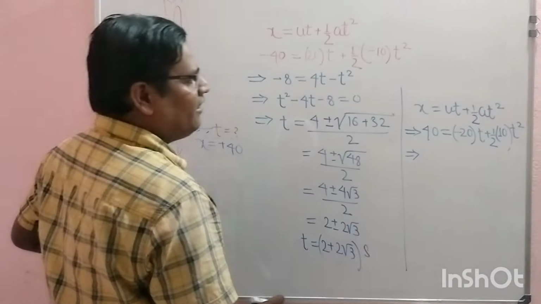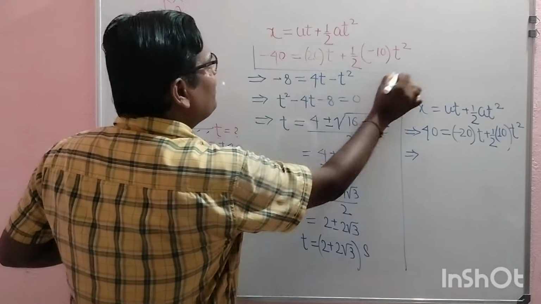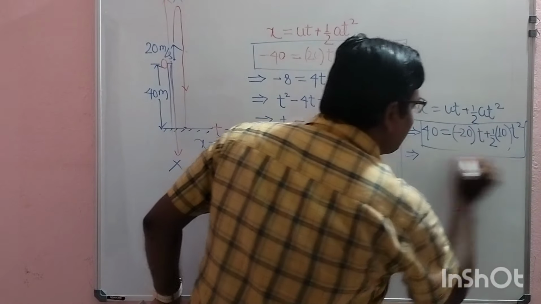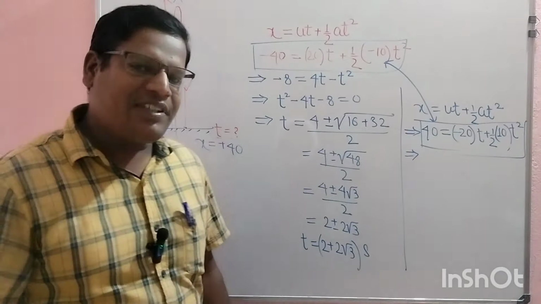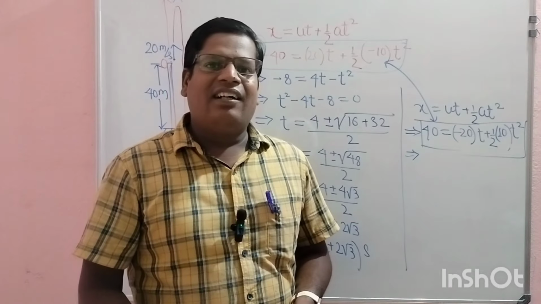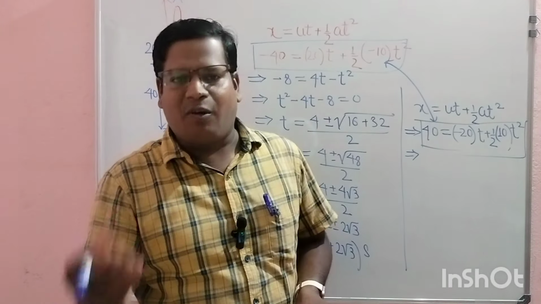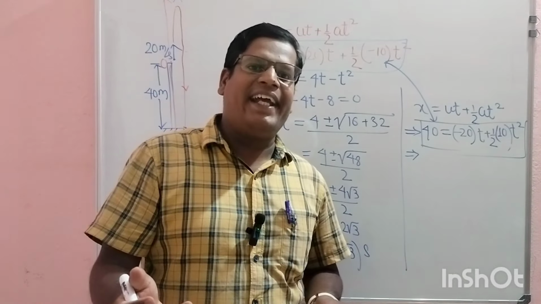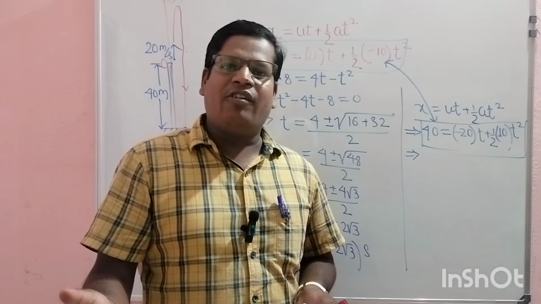You see, it is the same equation. You see this equation and you see this equation. Both the equations are same, isn't it? That means if you are putting the values after choosing the coordinate system properly, then it doesn't matter which direction you are taking as positive, and whether you are putting G as positive or negative.